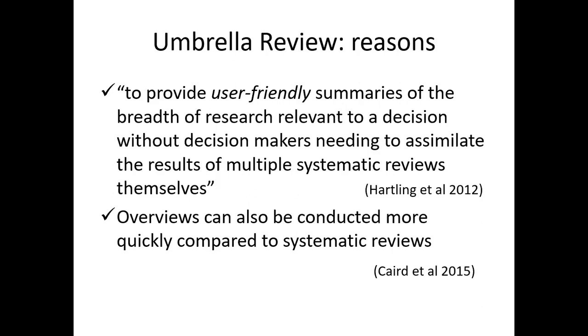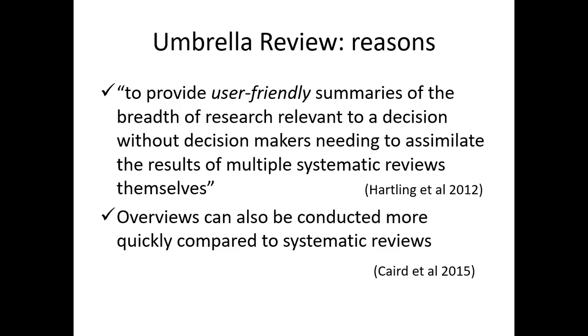When and why should you decide to do an umbrella review? You want to produce user-friendly summaries of the research relevant to decisions without decision makers needing to assimilate the results of multiple systematic reviews themselves. So you just produce one user-friendly report.